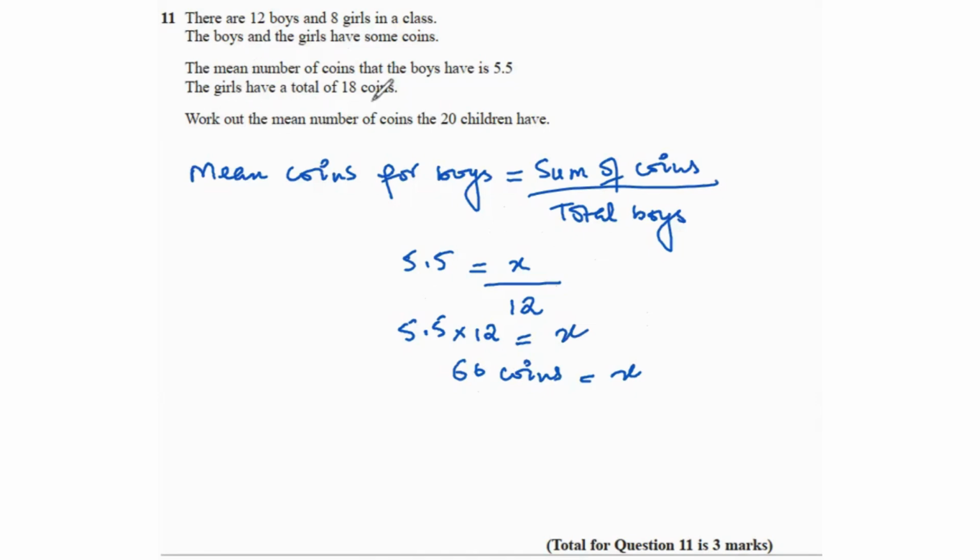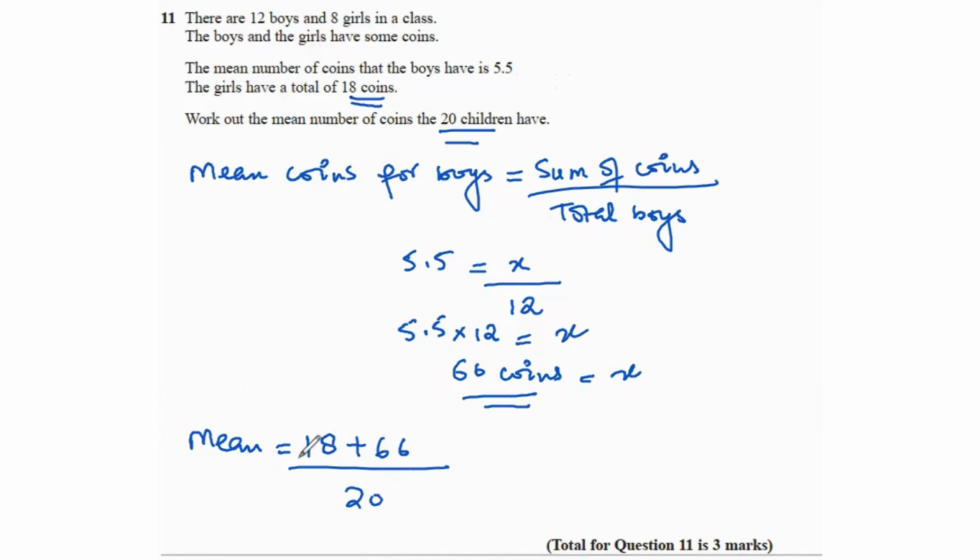Then they said that the girls have a total of 18 coins. We need to work out the mean number of coins that the 20 children have. So if we have the total number of coins the girls have, we know the total number of children, and we know the total number of coins the boys have, we can find the mean, which will be 18 plus 66 in the numerator and 20 in the denominator. Why?